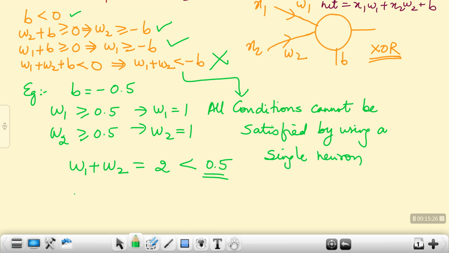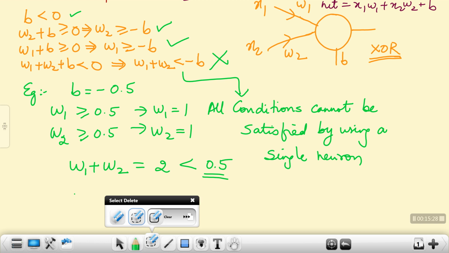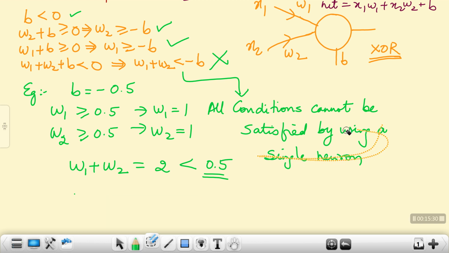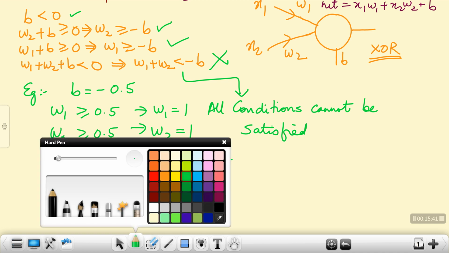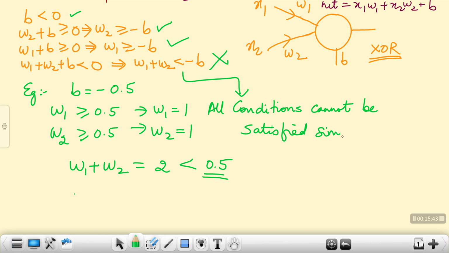Or I would say that all these conditions cannot be satisfied simultaneously. If at all you have to use a single neuron, all these conditions have to be satisfied. So all these conditions cannot be satisfied simultaneously.